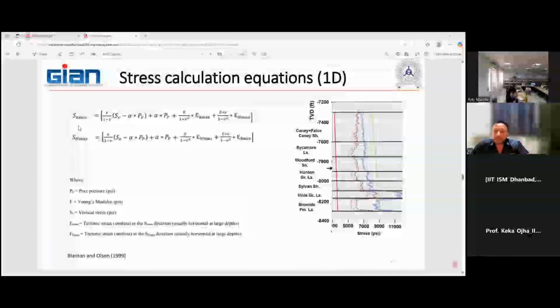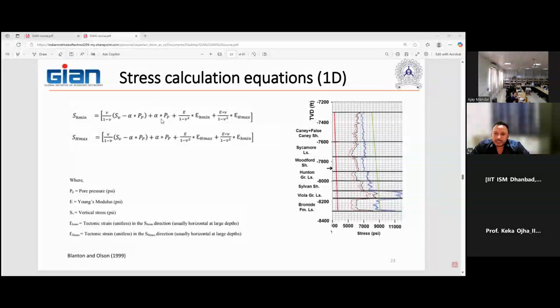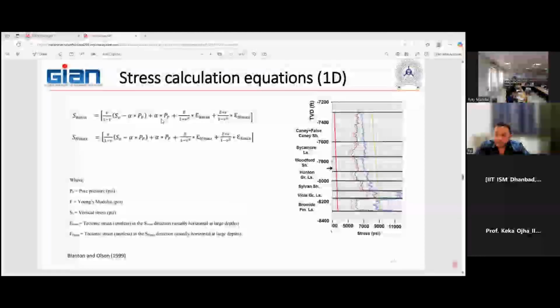Okay. And then you have SHmin and SHmax. These are the equations for SHmin and SHmax commonly used. This part that you see here, up to alpha Pp, this is the horizontal stress because of the vertical stress.